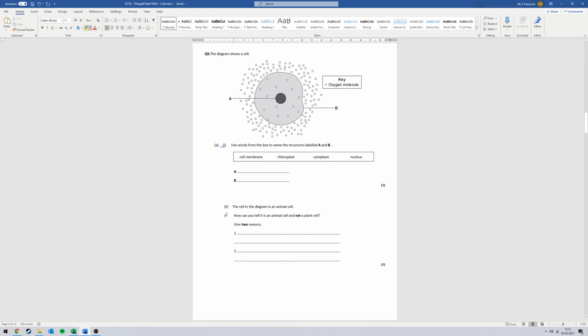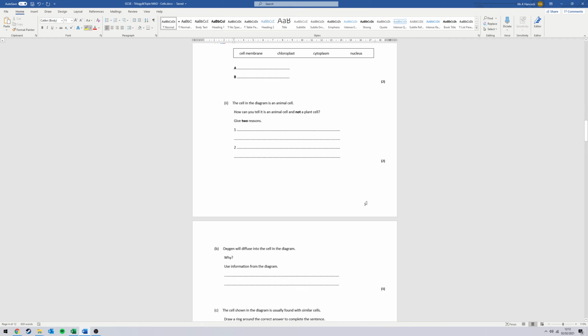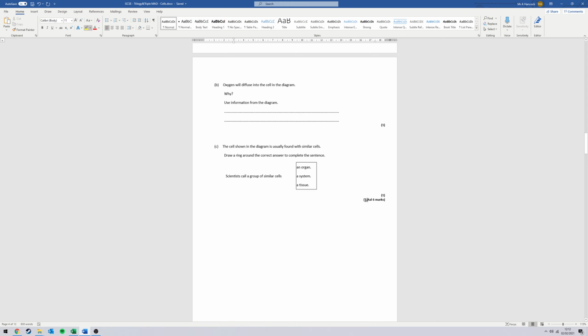Part 2. The cell in the diagram is an animal cell. How can you tell that it is an animal cell and not a plant cell? Give 2 reasons. So how can you tell that this cell here is not a plant cell? Part B. Oxygen will diffuse into the cell in the diagram.